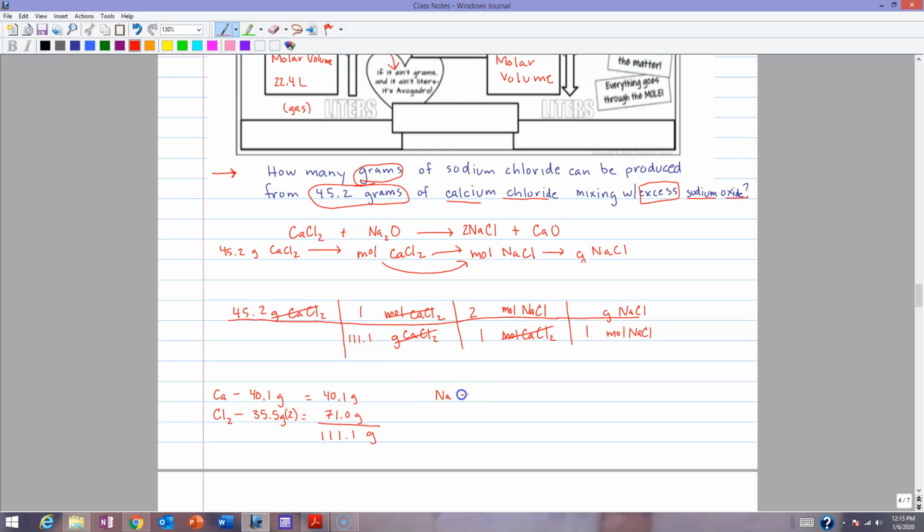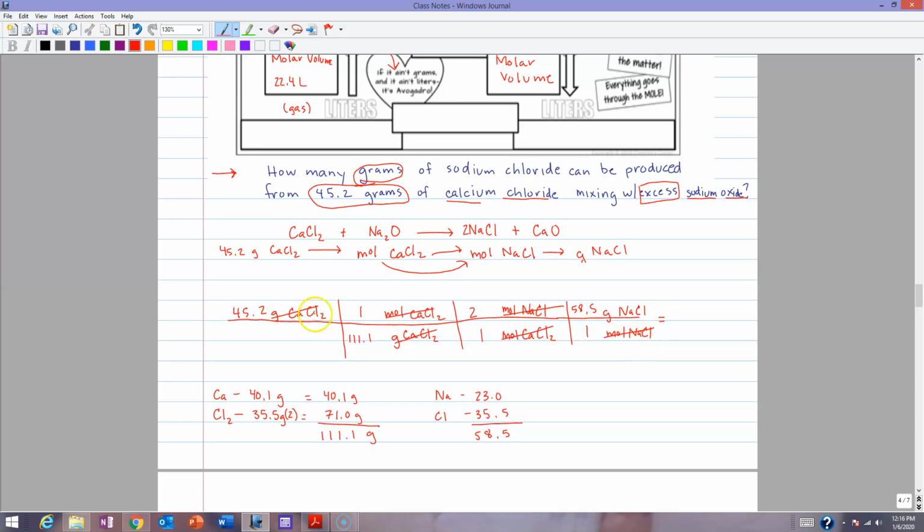Sodium has a molar mass of 23 grams, and chlorine has a molar mass of 35.5 grams. So this is going to give me a molar mass of the compound of 58.5 grams. And so the moles of sodium chloride are going to cancel out.